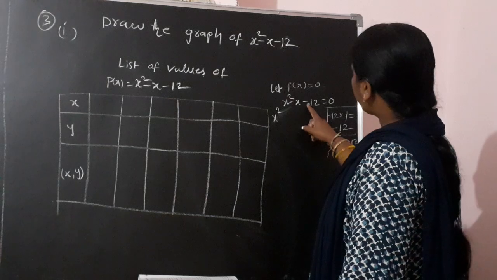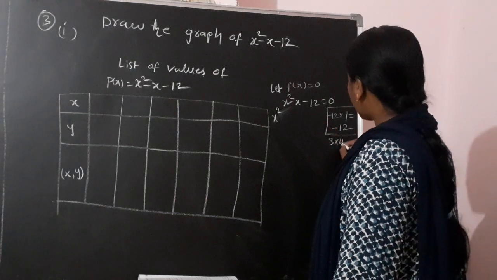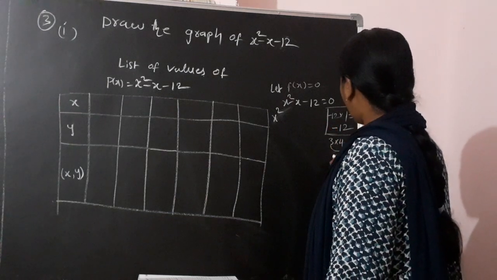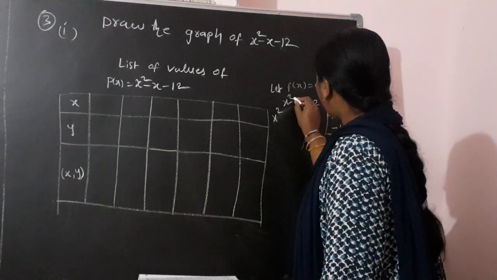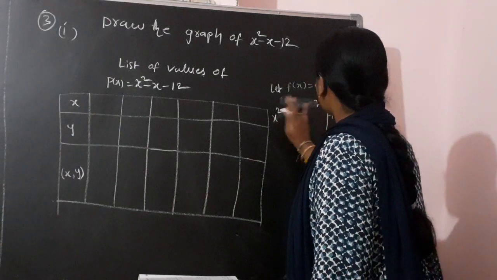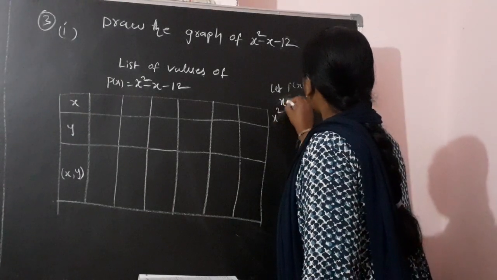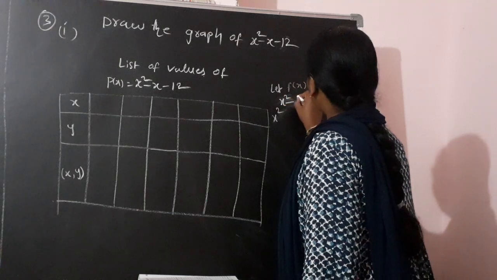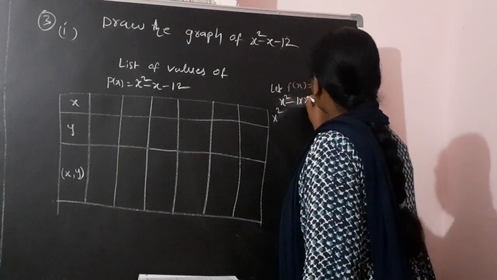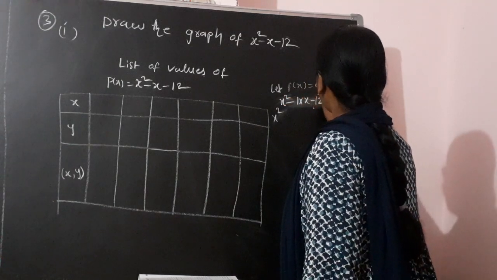And whenever the constant symbol is minus, you have to subtract: 4 minus 3 is 1, the x coefficient. Are you getting? Yes. Write it lastly: x square minus 1 into x, can we write? Minus 12 equal to 0.